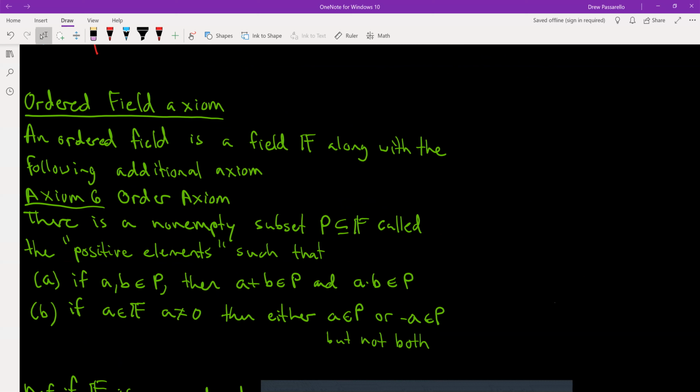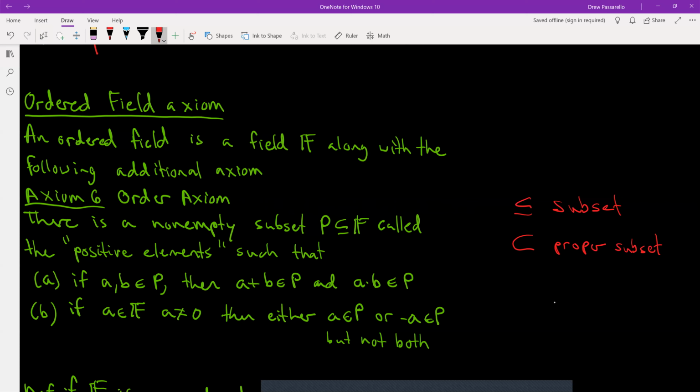And again, that symbol is what I'll use for subset, and then this is the proper subset. So P is contained in F, but P could also be the same set as F. That's why we have just the subset, and then the proper subset.